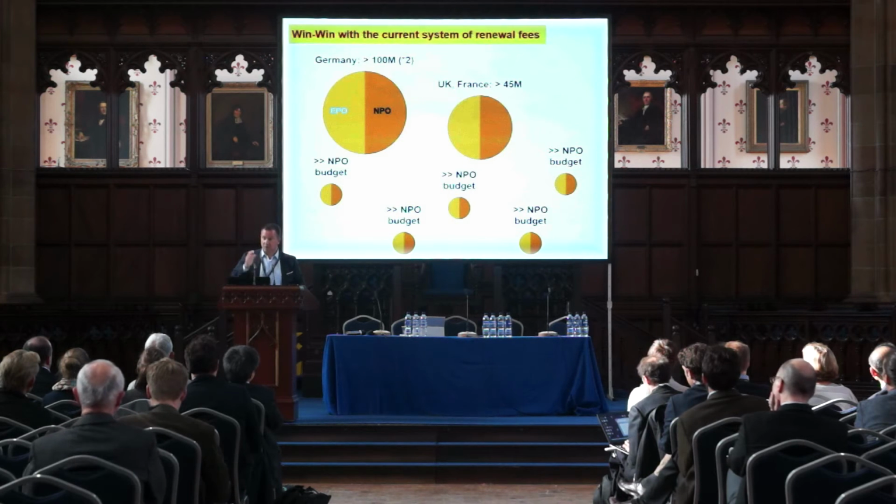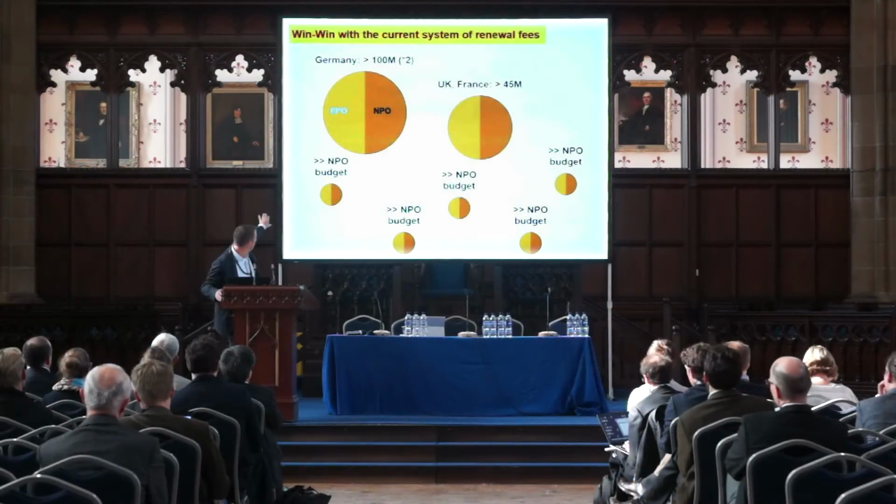At the moment, renewal fees from European patents that are validated in these countries, and by the way, these countries love it, because in some countries the head of the patent office looks at this as manna from heaven. When you switch to 2,000 validations of EPO patents in your country, suddenly it's a beautiful budget.